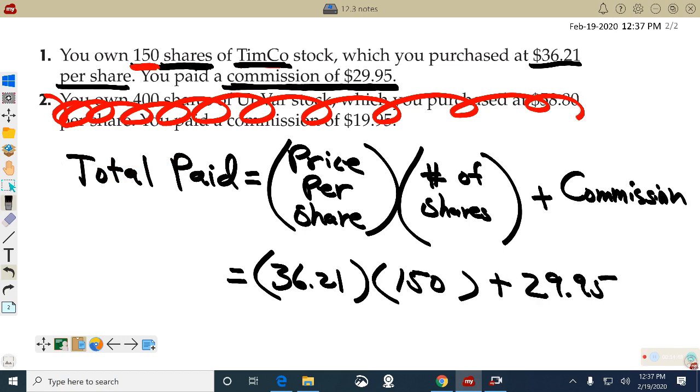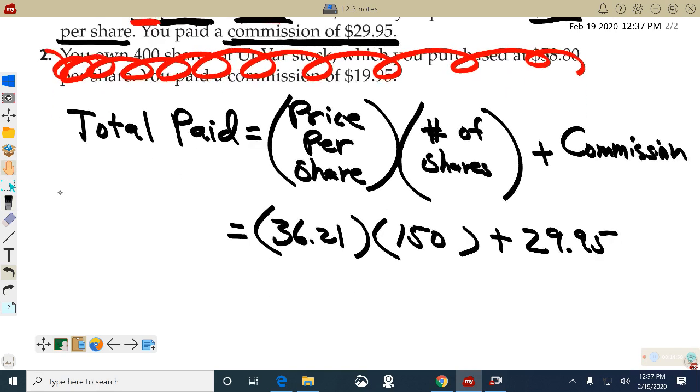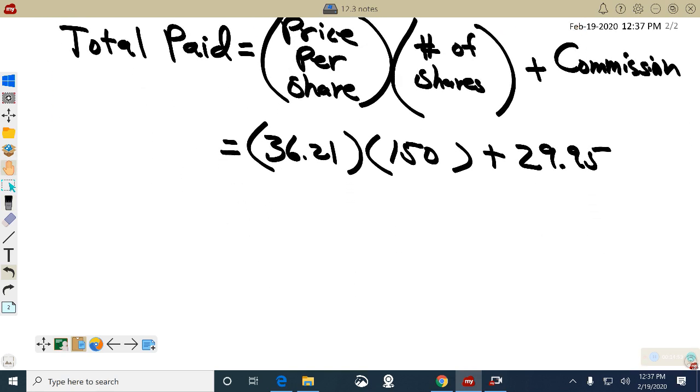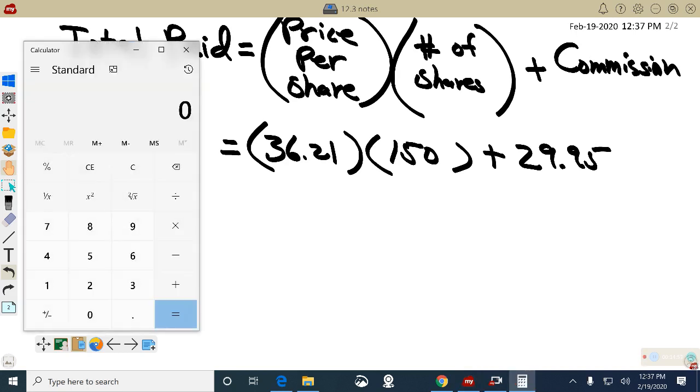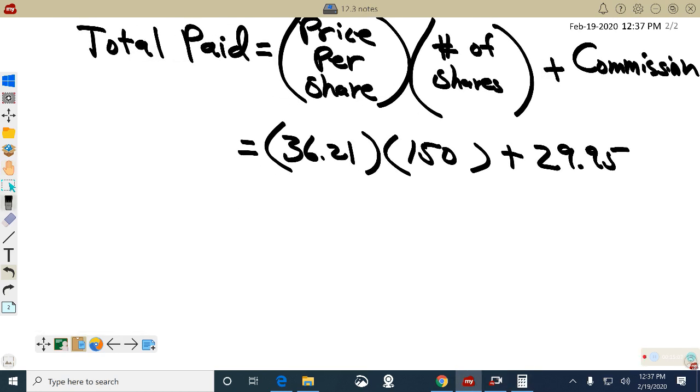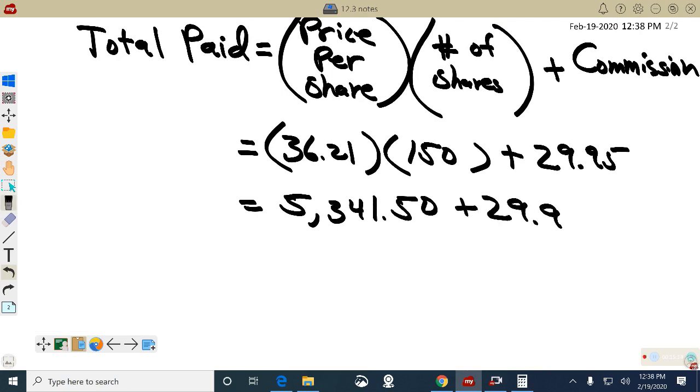Easy stuff. I'll do the work as normal. Let me get my calculator out. 36.21 times 150 shares. So $5,431.50. Let me add now the commission fee. I have to pay the stockbroker for purchasing this.